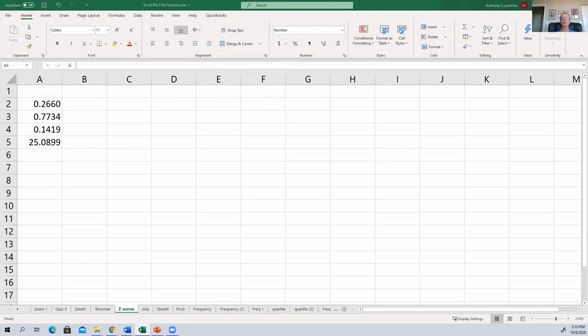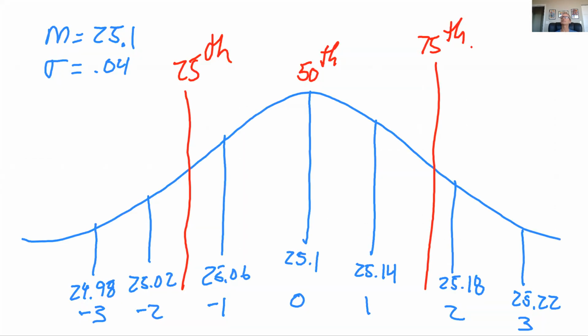Back to the whiteboard here real quick. There it is. So the mean is 25.1. Sorry about that. But you've got to put in the right numbers or it's not going to make any sense, right? So let me write this down here so I don't forget. 0.04.